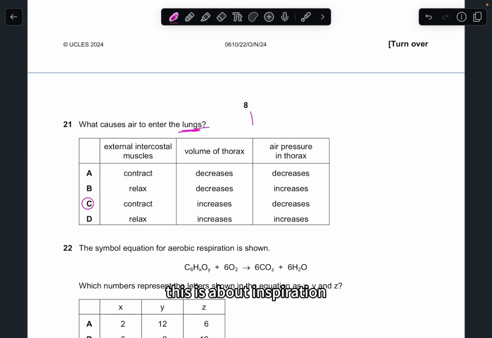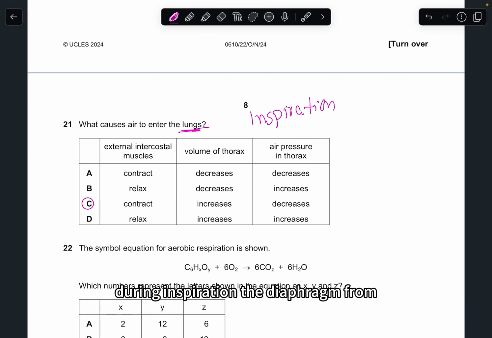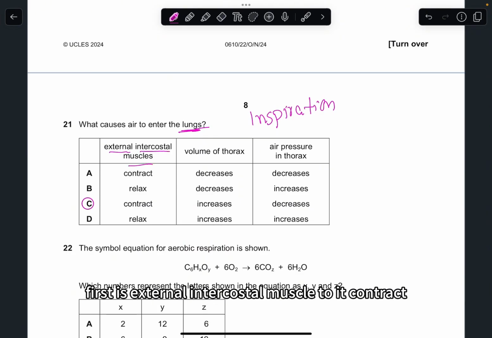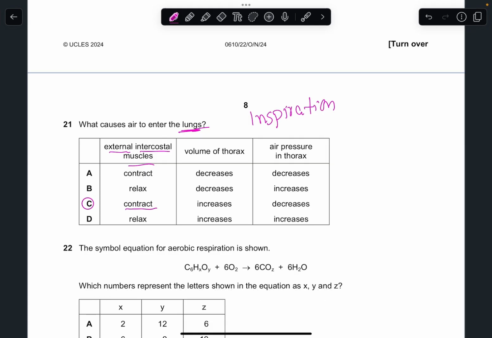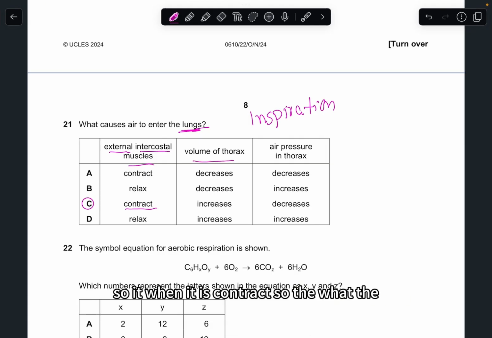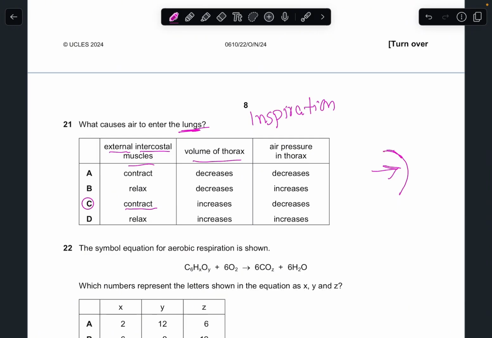Next question, which causes air to enter into the lungs? This is about inspiration. During inspiration, the external intercostal muscles contract. When they contract, our thorax volume increases, so our chest rises, and the air pressure decreases.